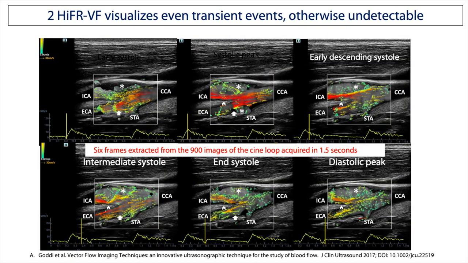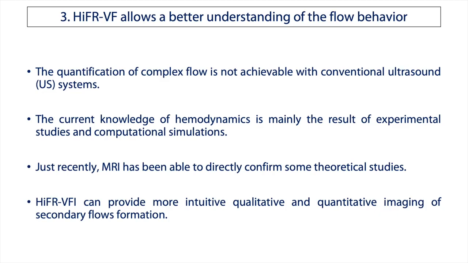The second one, V-flow visualizes even transient events. Thanks to V-flow's high frame rate, we can easily detect all the stages of the cardiac cycle, which we wouldn't be able to see as clearly with conventional color Doppler. Before talking about the third key point, a few considerations are necessary.